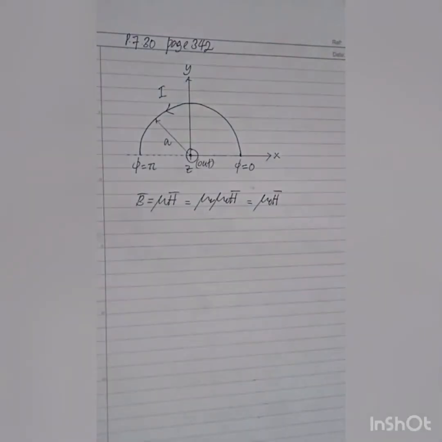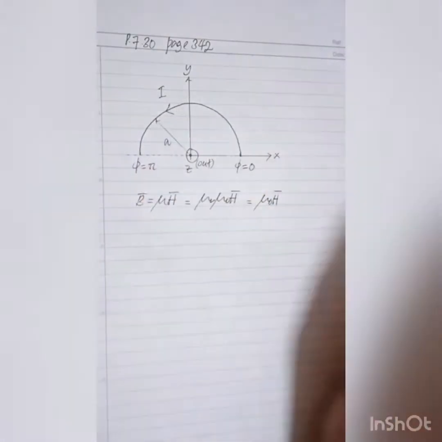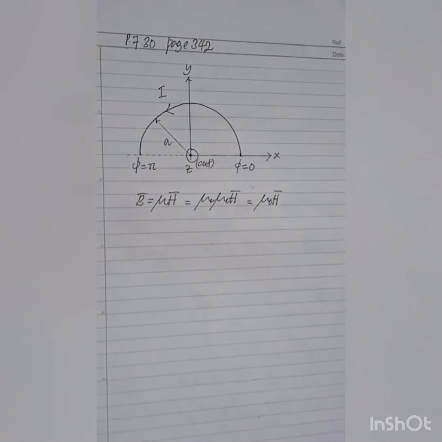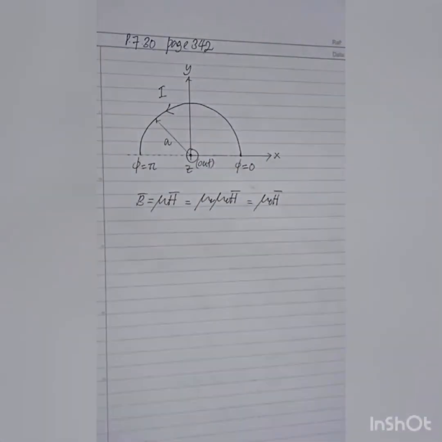Now we have to find the H that comes from this semicircular loop. That's our H of interest. Since this is a finite structure, we need to use BSL to find the H due to this semicircular loop.